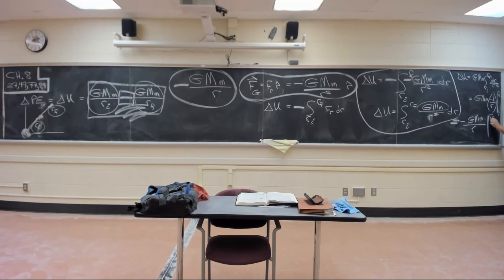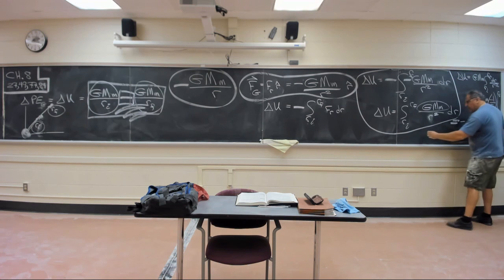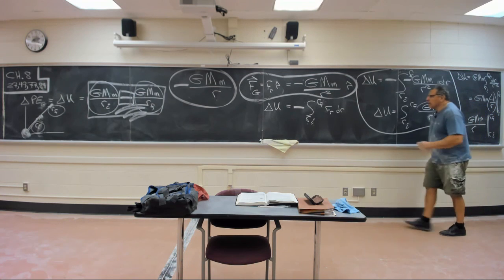Evaluate between RF and RI. This will become negative GMm over RF minus a negative GMm over RI. We've been there.